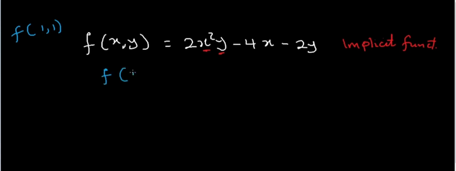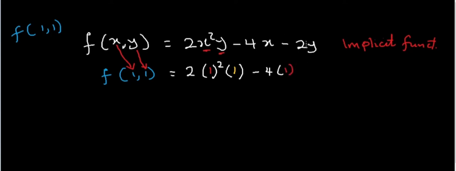You have f of 1, comma 1. What does this denote? It means that this x is occupying the position of this one, then this one is occupying this. Whenever I see x, I'll put 1. Whenever I see y, I put 1. Quickly. So let's say our x is 1, and our y is also 1. Minus 4.